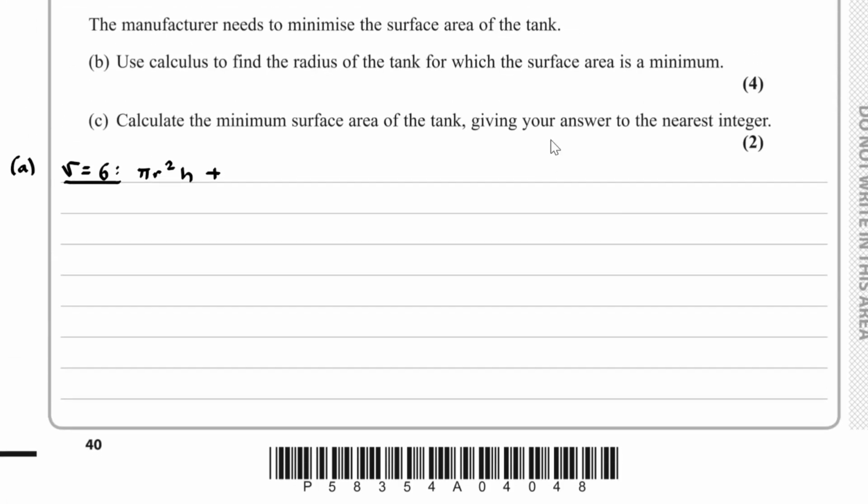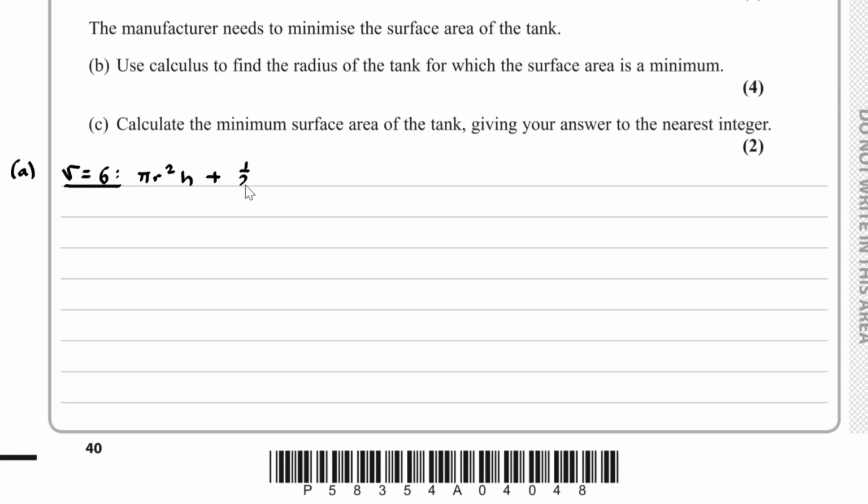We'll write it out in full. So we add on 1/2 lots of 4/3 pi r cubed. And we know that this is equal to 6. And if we tidy this up a bit, we have pi r squared h plus 2/3 pi r cubed. This is equal to 6.